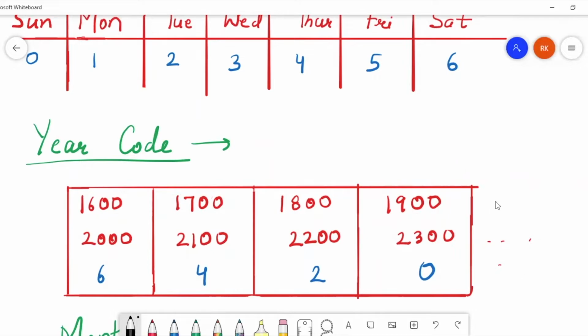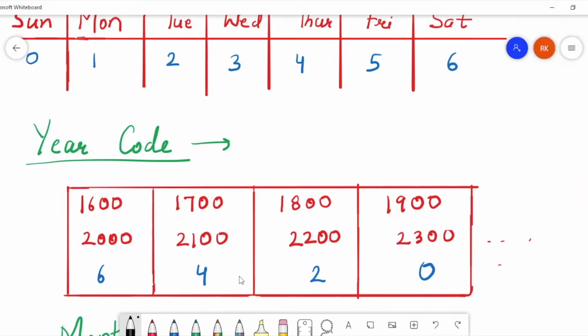Now 1600's code will be 6, and you can remember this as, you can see that 1600 has 6, so 6 is its year code. Now how do we get the other codes? You just have to subtract 2 from the 6. So 6 minus 2 is 4. So 1700 will have 4 as its year code.